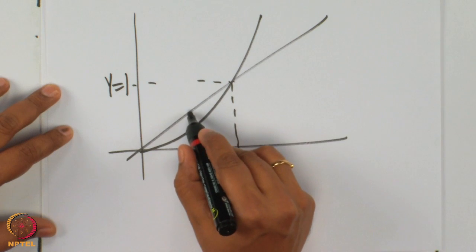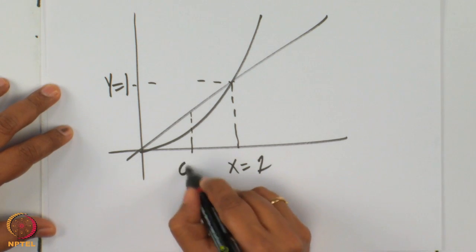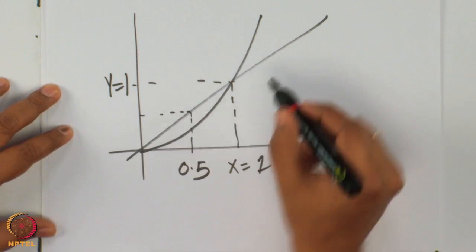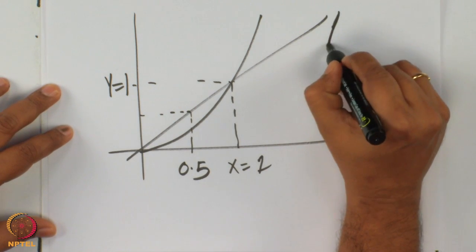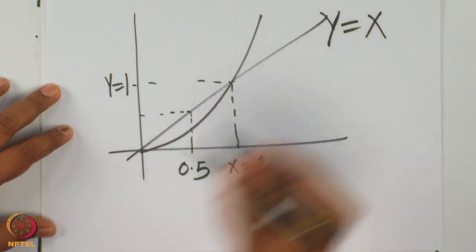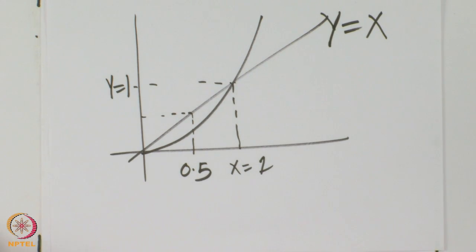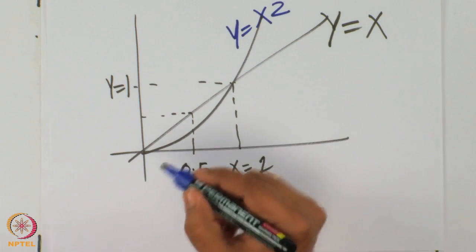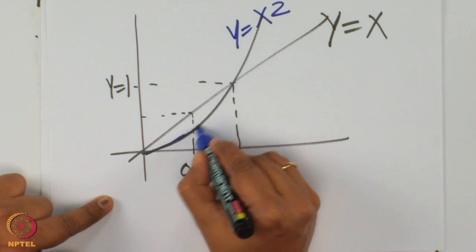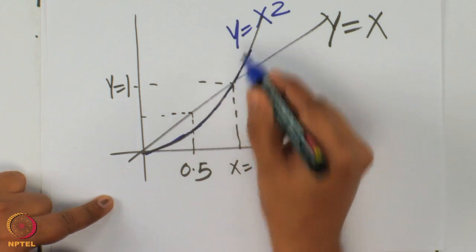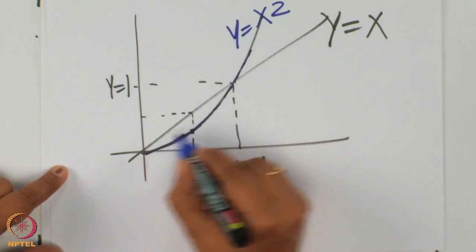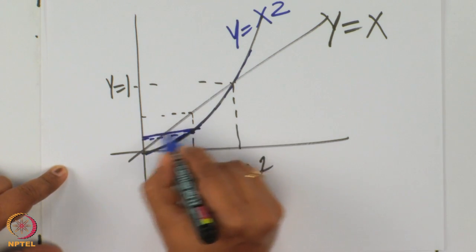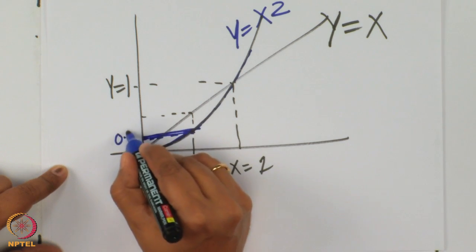But when x is equal to half, 0.5, y in this straight line is y is equal to x, while this is y is equal to x square. So in this x square curve, which is this curve, this value has to be roughly 0.25.